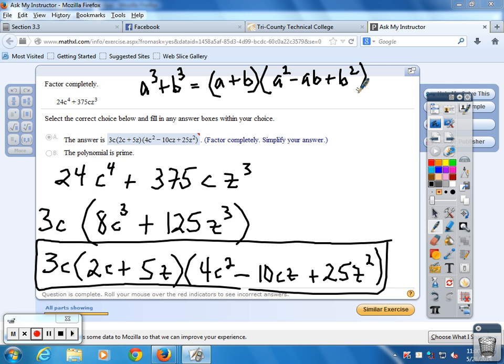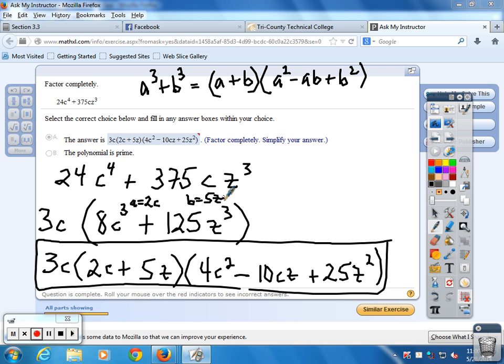So what's the cube root here? What's the cube root of 8C cubed? 2C. So A is equal to 2C. What's B? What's the cube root of this? 5Z.